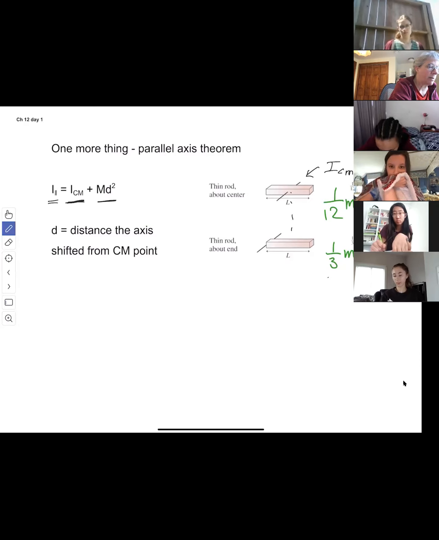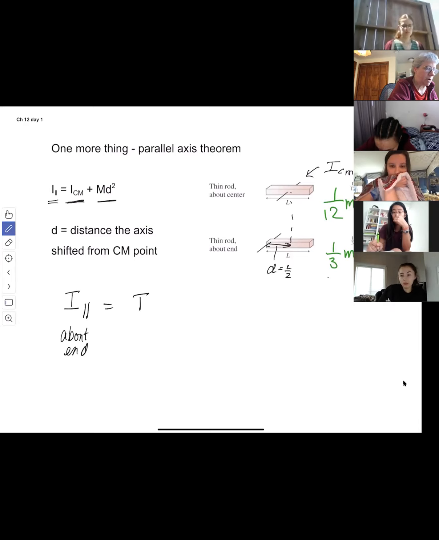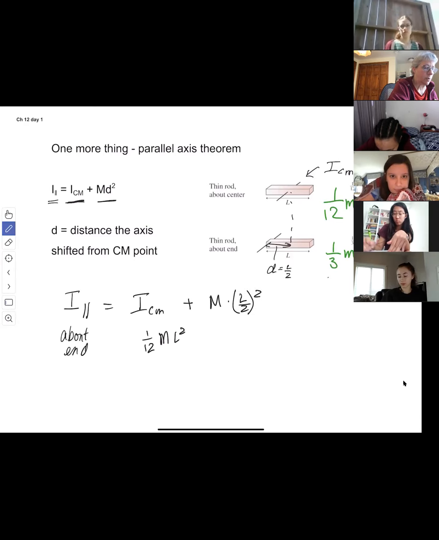So in this particular problem, d would be here, and it would be L over 2. So let's see if that works out. For this particular case, if I want the I for the parallel axis about the end, that's the moment of inertia for the center of mass, which in this case is 1/12 mL squared, plus the total mass, m times d squared, which is L over 2 squared.